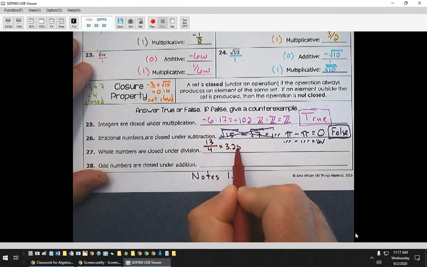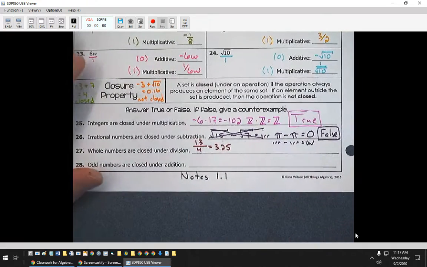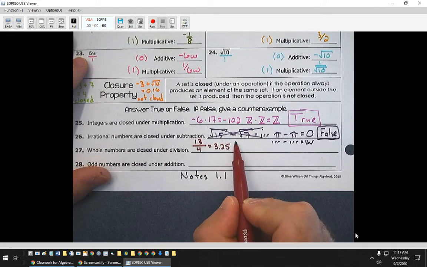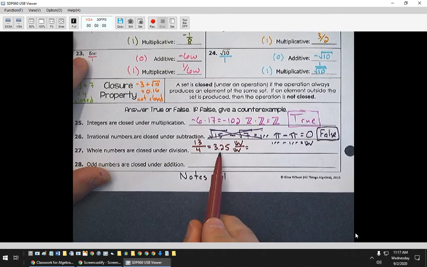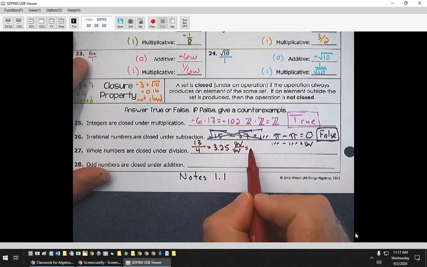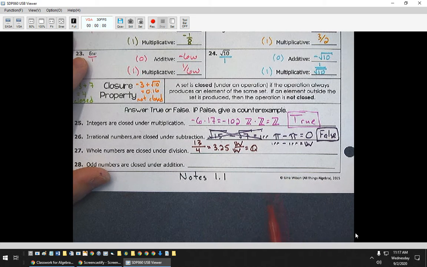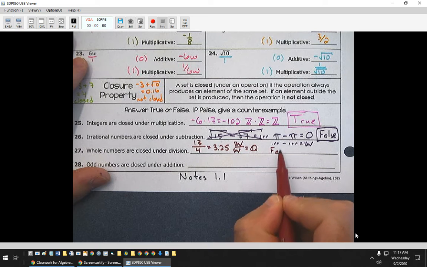Is that still a whole number? Nope. So 13 is a whole number. 4 is a whole number. But when I divided them, we got a decimal that terminates. That's a rational number. So this is also false.